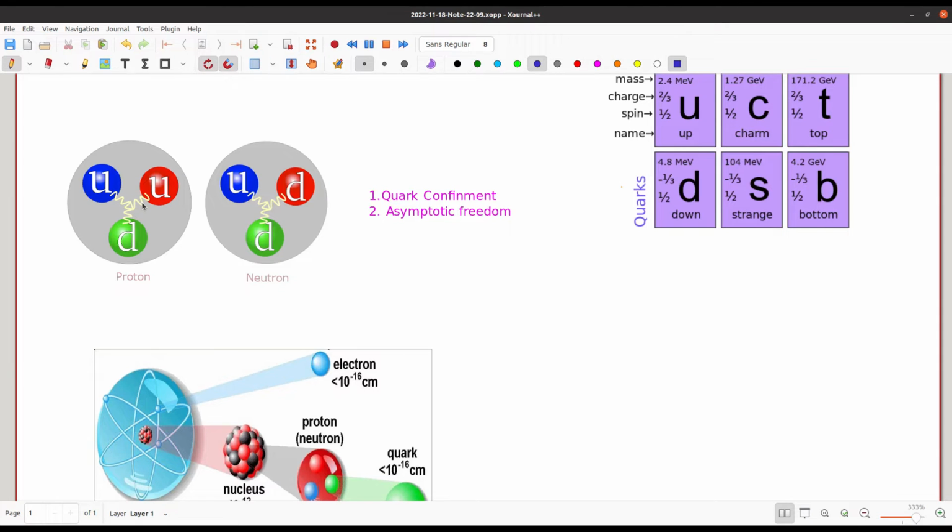Any interaction always has a carrier. For example, the gravitational interaction is created by the graviton. Whenever we have 2 massive objects, they attract each other, so there should be some carrier for that, and that is the graviton. In electromagnetic interaction it is the photon, and in strong interaction it is the gluon.